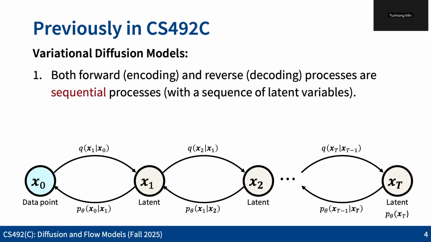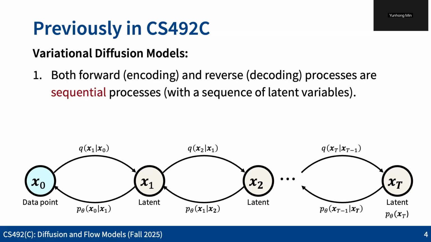And then we also have a bunch of intermediate latent variables, from x1 all the way to x capital T minus 1, right? Both for the mapping from the data point to the final latent variable, and also the other way around, we have a sequential process.